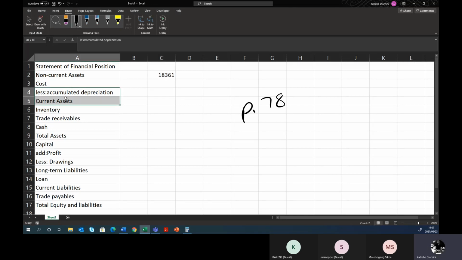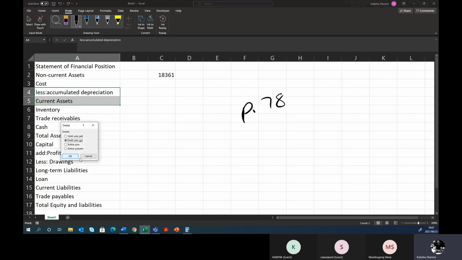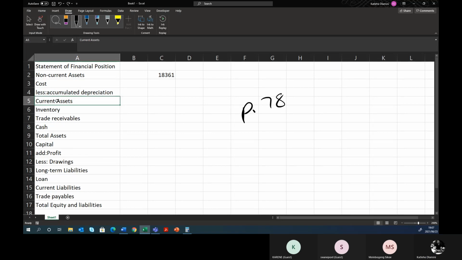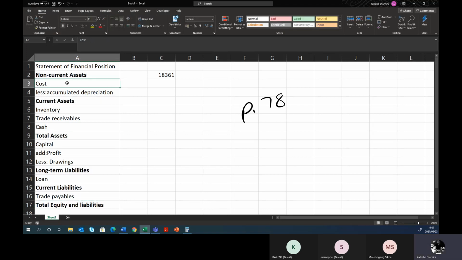Now, I can remove this for now. Then maybe I can make these bold. Make that bold. Thank God. That's so much better. Okay.